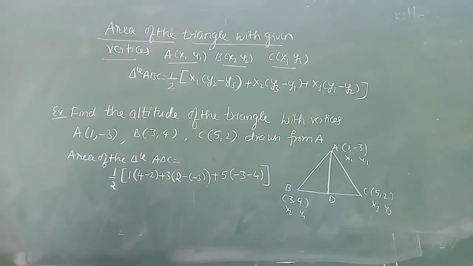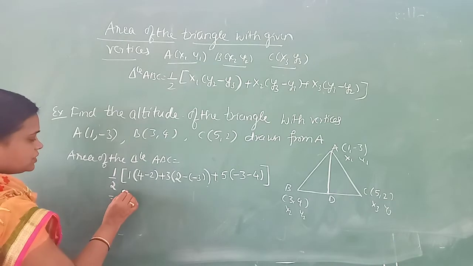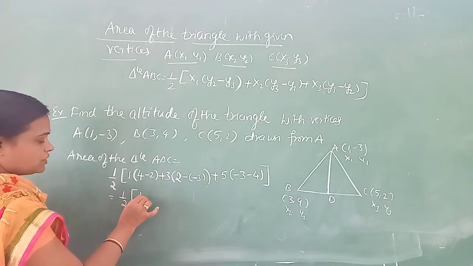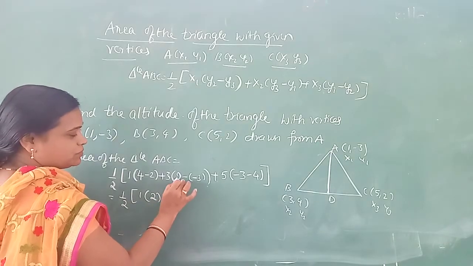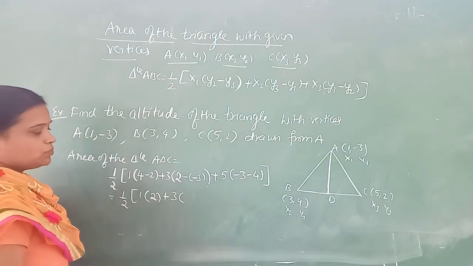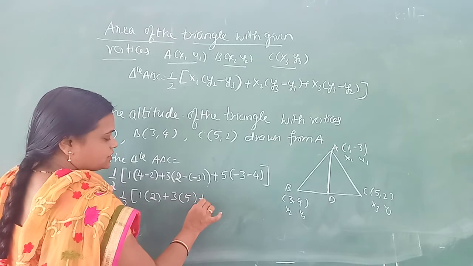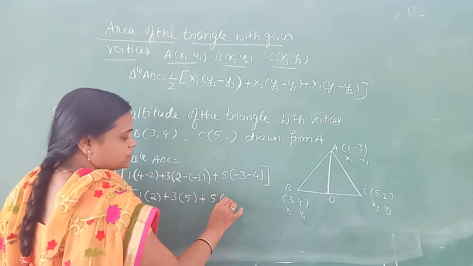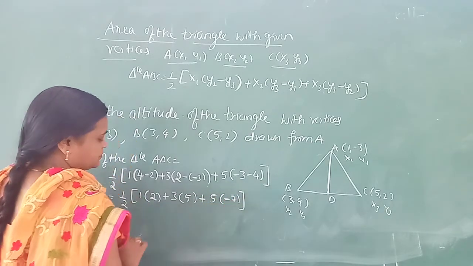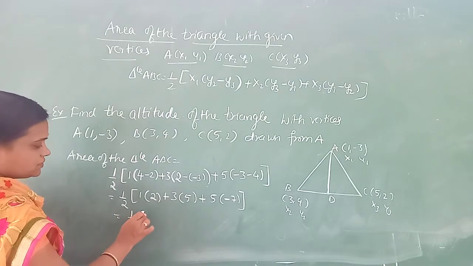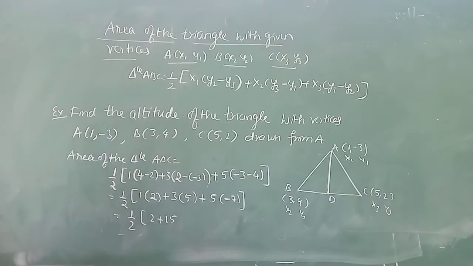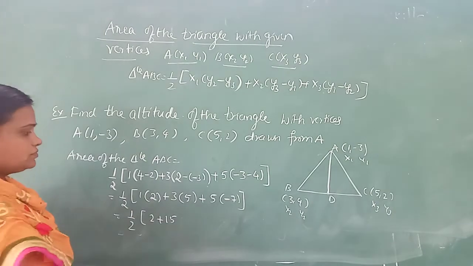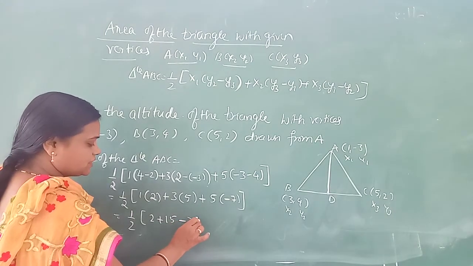Okay, now we take it in the form half of 1 times (4 minus 2) is 2, plus 3 times (2 plus 3) is 5, plus 5 times (minus 3 minus 4) is minus 7. Okay, half of 2 plus 15 minus 35.